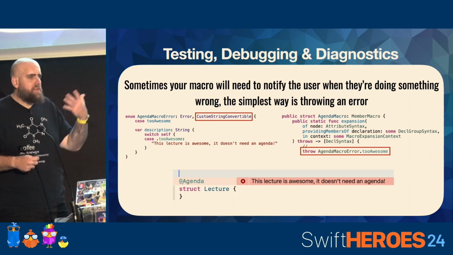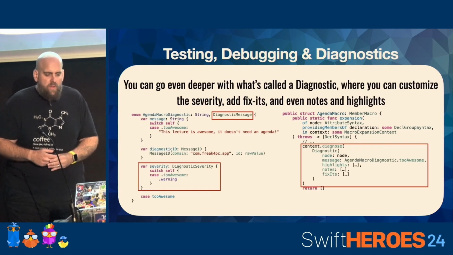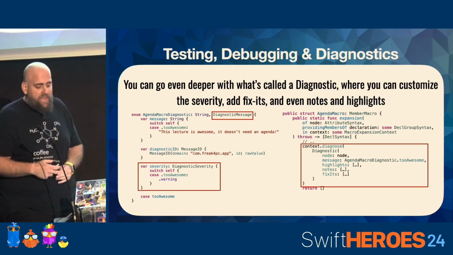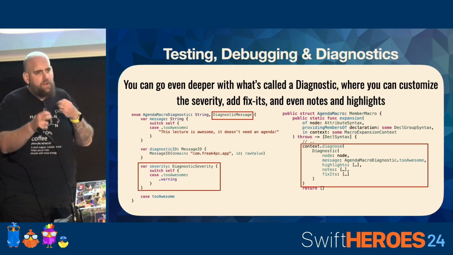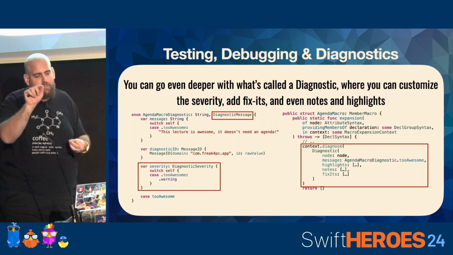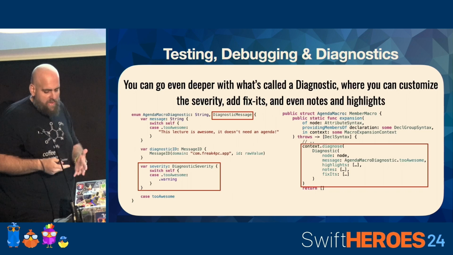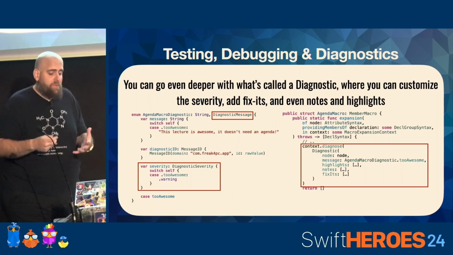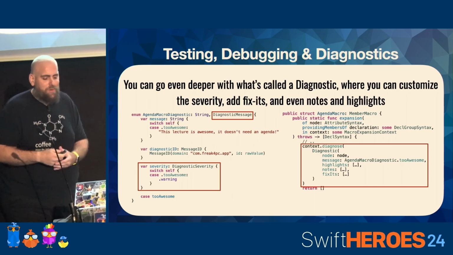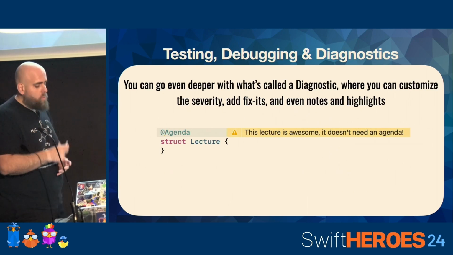I can give real actionable messages to the users of my macro. And we can go even deeper with what's called a diagnostic. So we can customize the severity, say it's just a warning. We can even add fix-its, which are this little fix-it button where we can replace the code with what it's supposed to be. We can add hints and notes and highlights. So it's really much more powerful, but also more complex, obviously. That's how it looks with a lowered warning severity.